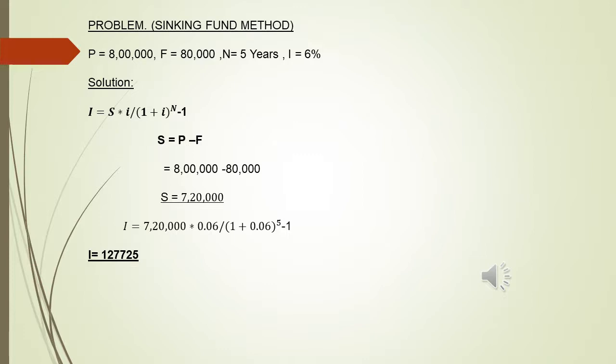Now P is given as 8 lakhs and F is given as 80,000. So 8 lakhs minus 80,000, I will get the answer for S as 7 lakh 20,000.